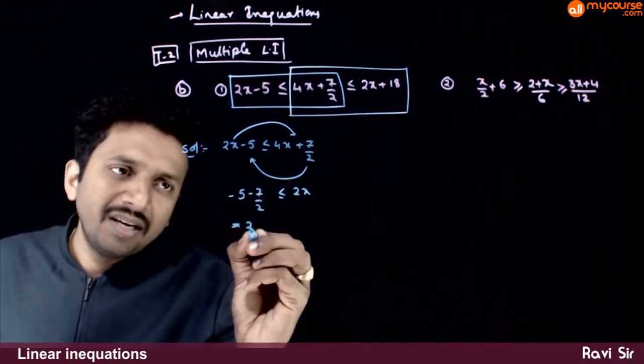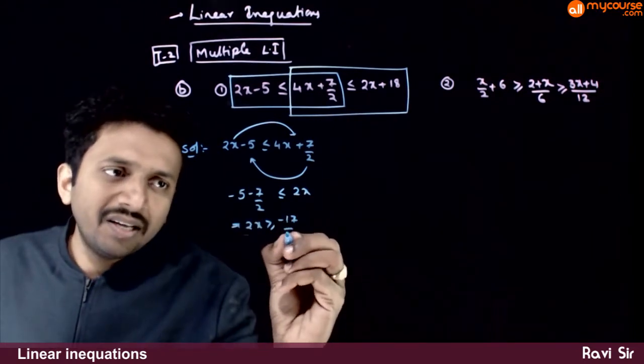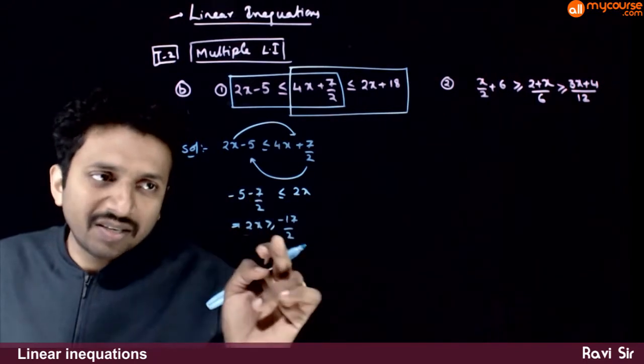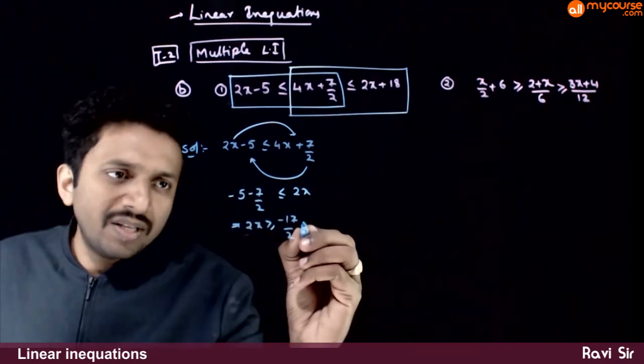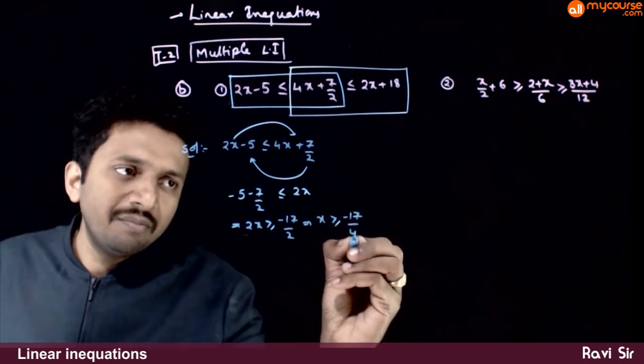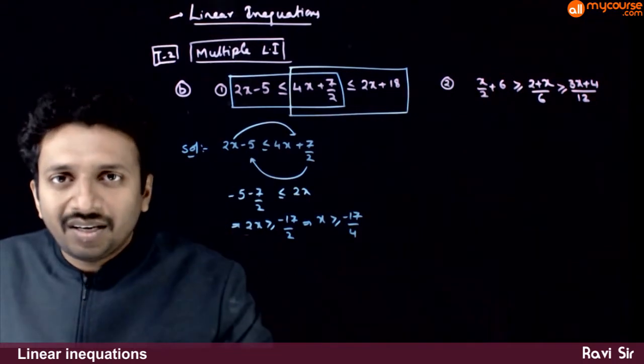This implies 2x is greater than or equal to minus 17 by 2. If you take LCM, you get minus 10 minus 7, minus 17 by 2. So this implies x is greater than or equal to minus 17 by 4. So this is the solution for the first part of the linear inequation.